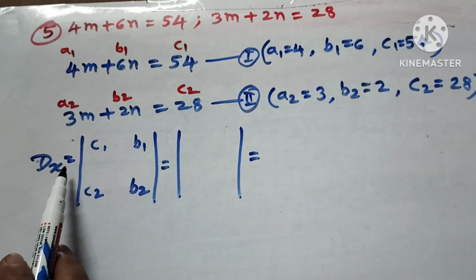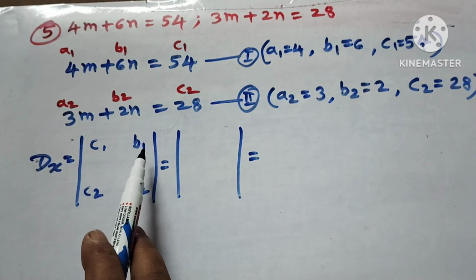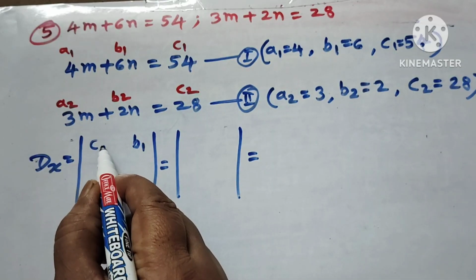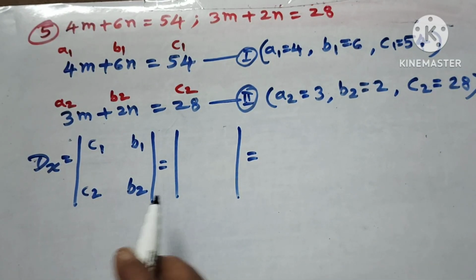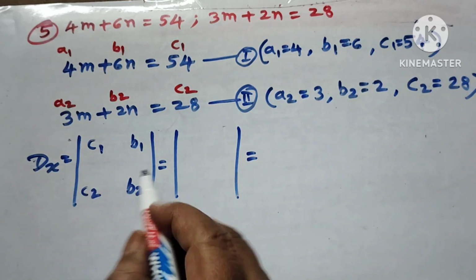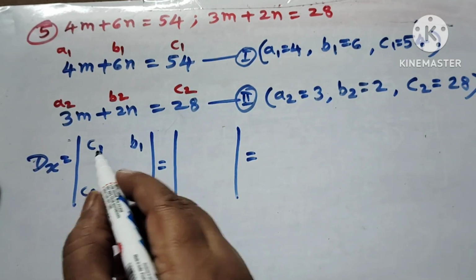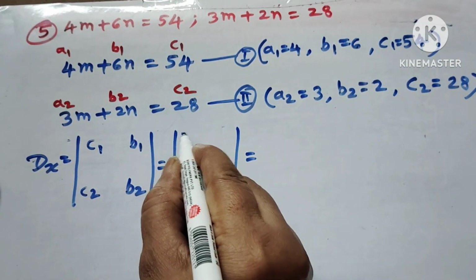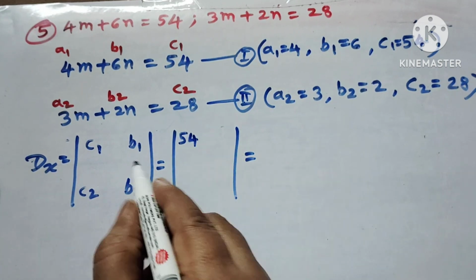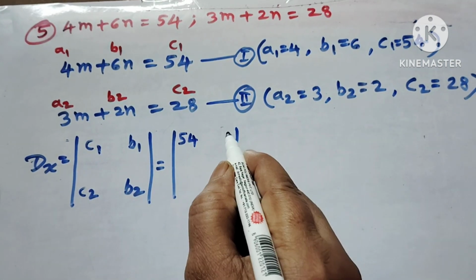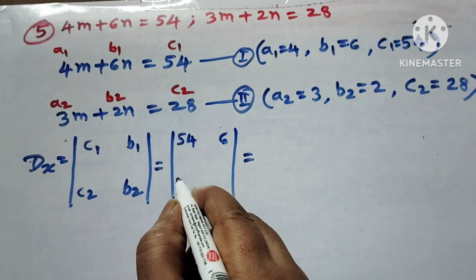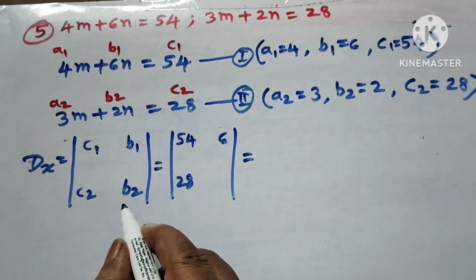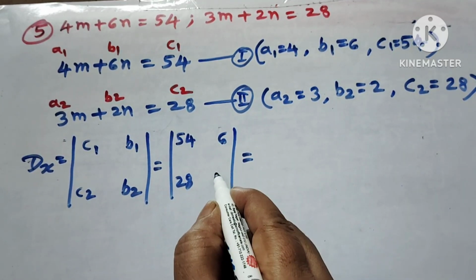dx is equal to c1 b1, c2 b2, is equal to, put the value of c1 54, b1 6, c2 28, b2 2.